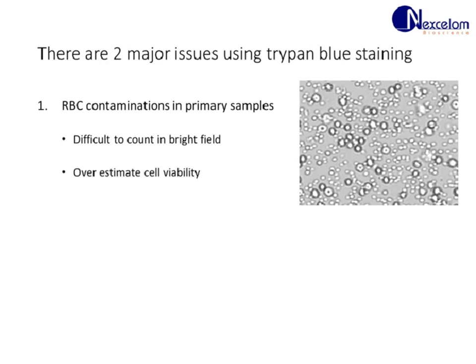Because of this debris and RBC contamination, you can overestimate cell viability. If you look at these particles with a red arrow, are they RBCs or are they nucleated cells? And the cells with a green arrow, are they PBMCs or are they debris? It is very hard to determine.